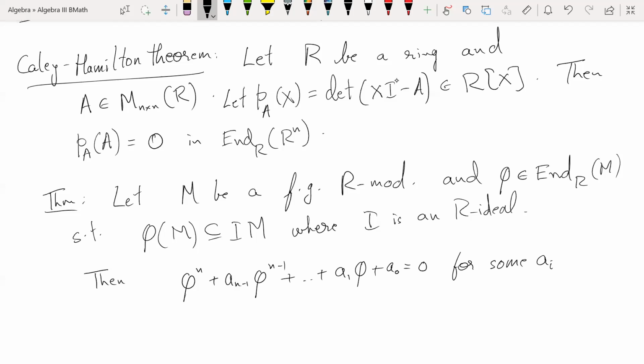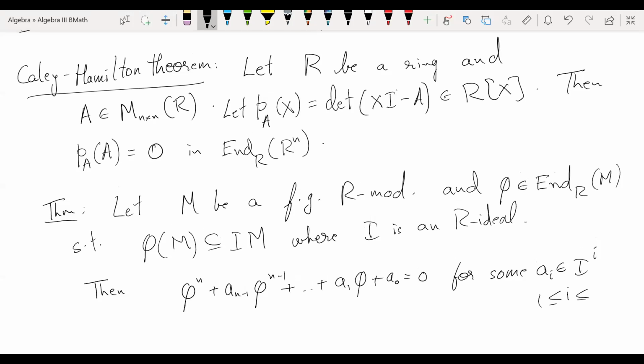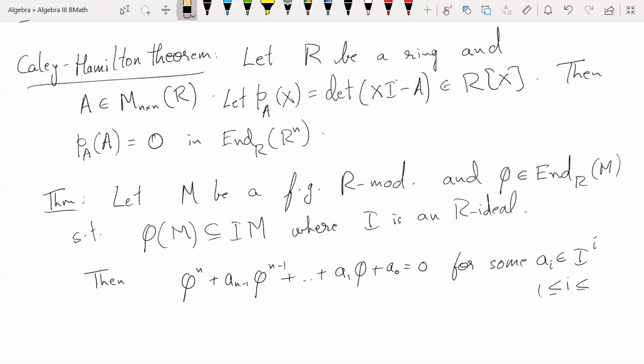In fact, you can say a_i is in the ideal I, but you can say more, that a_i is in I to some power. I'll have to write it carefully. The constant term has to be in the largest power. I've messed it up a little bit.